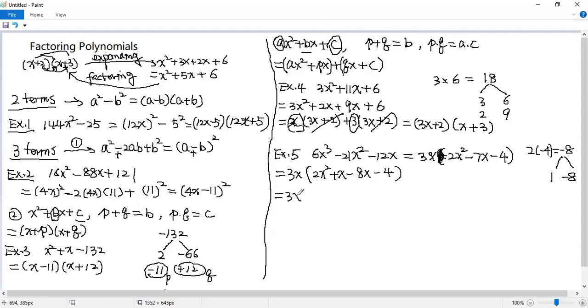Now, the greatest common factor for the first two terms is x, so we take it out. 2x squared divided by x equals 2x, x divided by x equals 1. The greatest common factor for the last two terms is negative 4. So negative 4, and then 8x divided by negative 4 equals negative 2x... -4 divided by -4 equals 1.